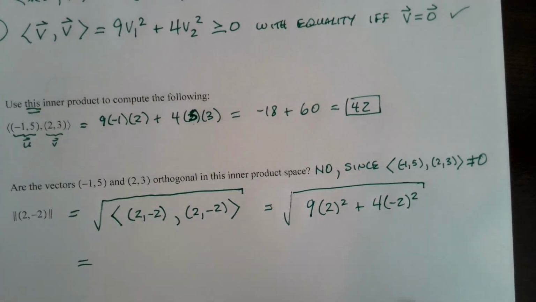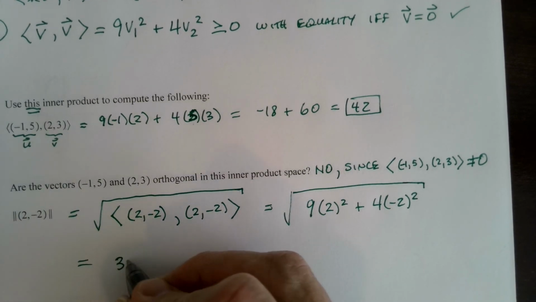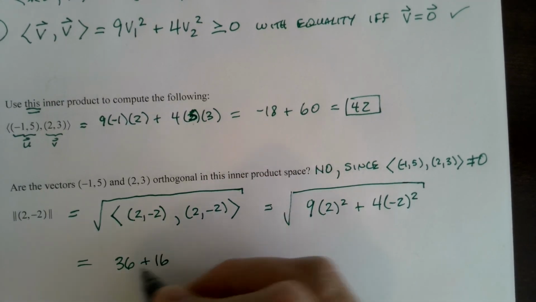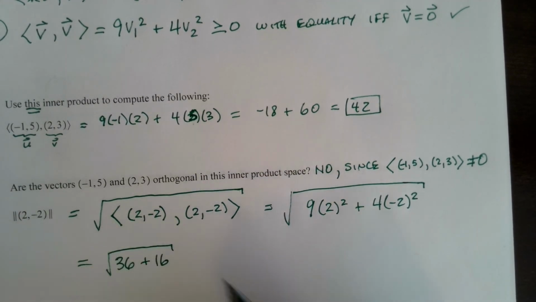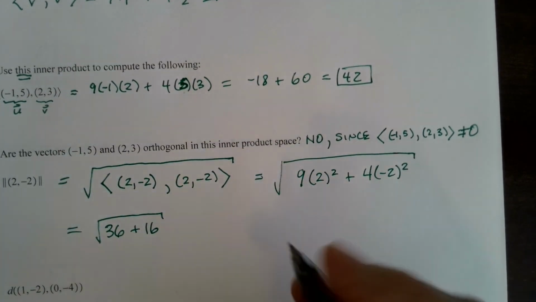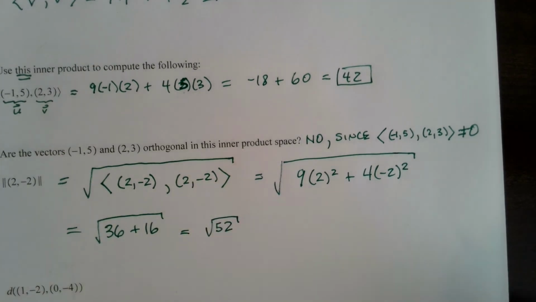Now we just compute this number, right? I get 9 times 2 squared is 4, 9 times 4 is 36, plus what? 4 times -2 squared is +4. 4 times 4 is 16, right? We're not going to get any negative results when we square a negative number. 36 plus 16 is the square root of 52. There's the answer.